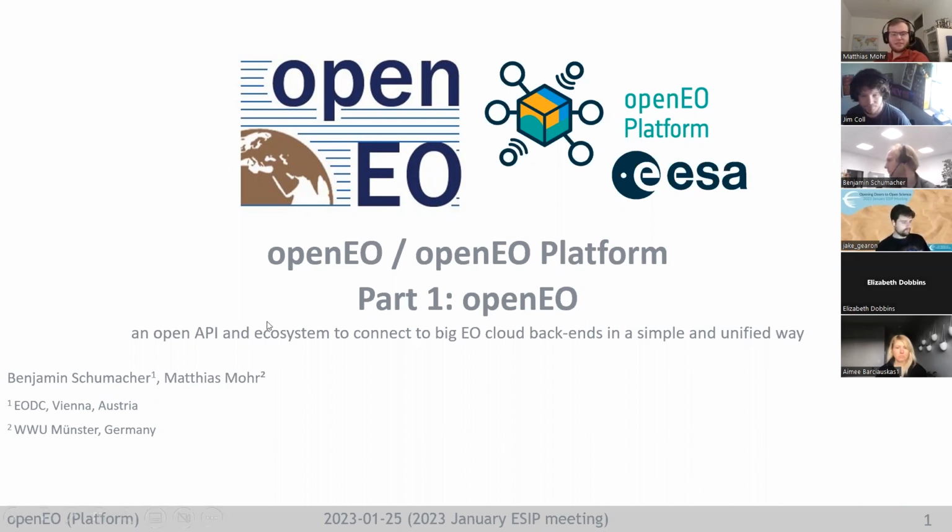So yes, this is the first part, which is focusing on OpenEO, and Benjamin is going to talk about OpenEO platform. As this gets confused quite often, here is a quick introduction of what the difference is. OpenEO is basically the standard or the specification, let's say, and the ecosystem around the specification. And OpenEO platform is an implementation of that specification.